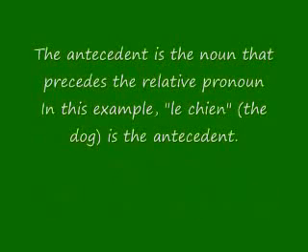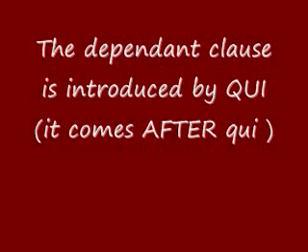So now that we know that le chien is the antécédent, we have to determine whether le chien is the subject of the action mentioned in the subordinate clause, the dependent clause. The dependent clause is simply whatever phrase comes after qui.